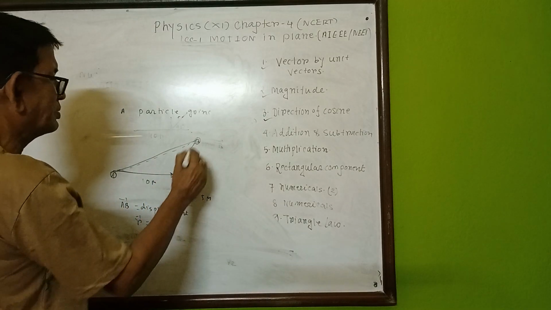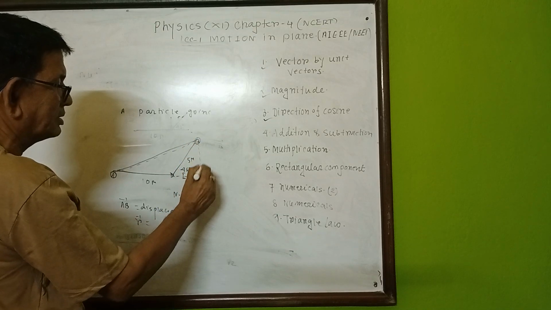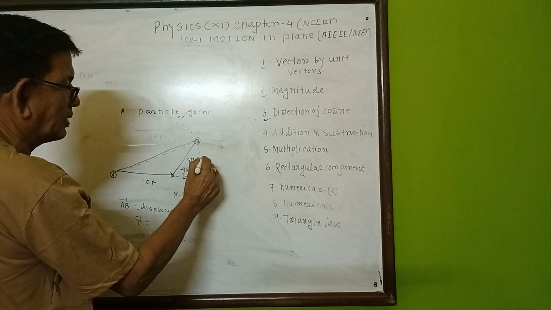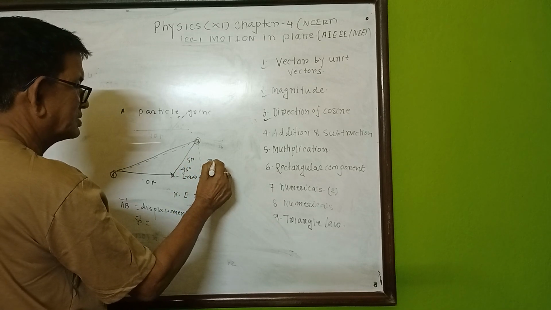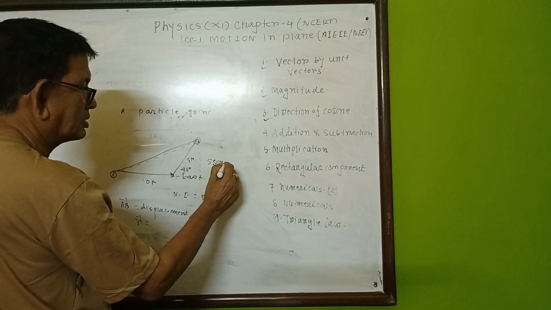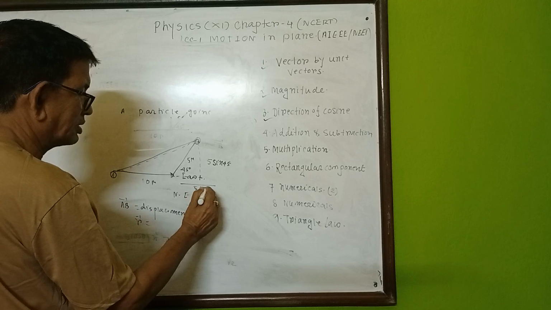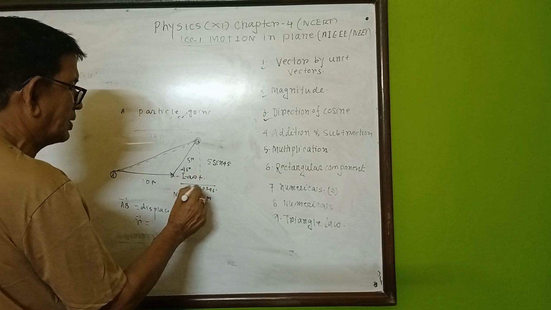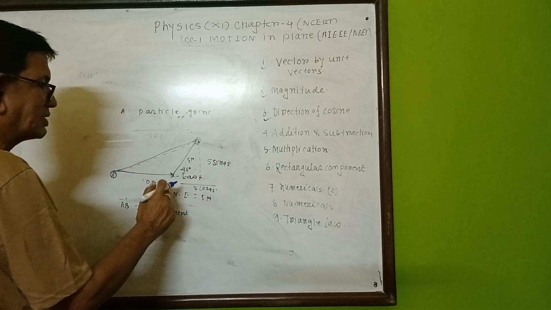So it is better for you to take components. You take the component of the 5 meter along the vertical direction, that is 5 sin 45 degree. And along that side, 5 cos 45 degree. Then you apply: total displacement along the east is 10 plus 5.